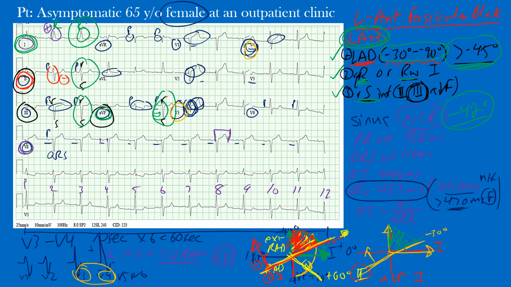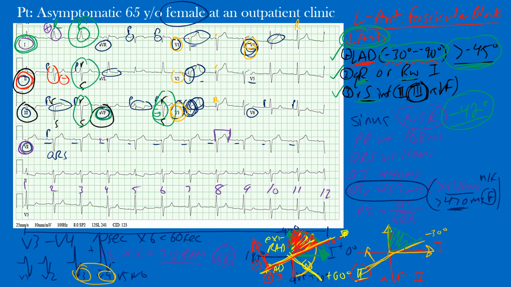Now, how about our R wave progression? Normally we should have R waves that increase in amplitude in our precordial leads. So V1 through V5, you should see an increase in the R wave. Here's our V1, where we can barely see an R wave. In V2, our R wave's getting bigger. V3, here's our R wave.